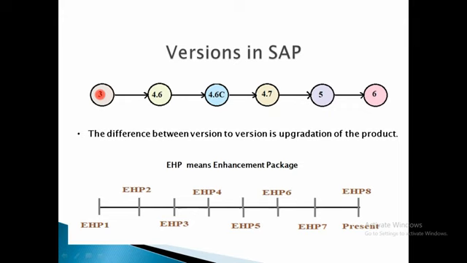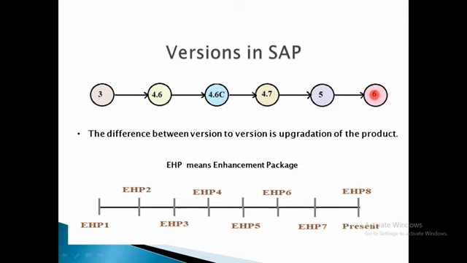Try to understand this. The way of doing business in the 1980s and the way of doing business at present, is it the same? The way of doing business in the 1980s and in 2020, there's a lot of change. There's a lot of change in business requirements.